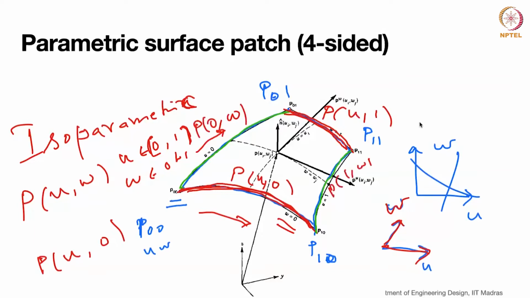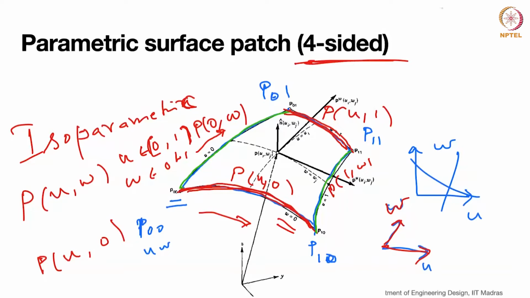So you can see that these four boundary curves along with the so-called P of U W give what is called a four-sided patch. Remember there are only four boundary curves. So whatever we see in this class are all four-sided. Of course, there can be more sides, but that becomes more complicated. They are called trimmed surface patches.